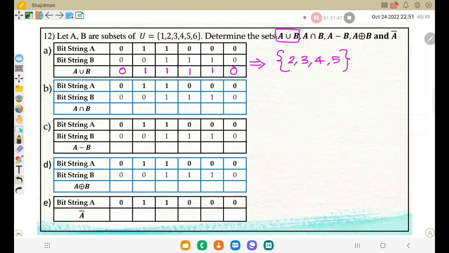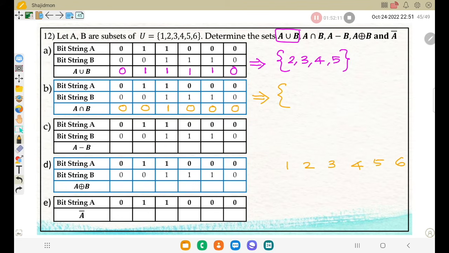So let's go to that one. 0 and 0 is 0. 1 and 0 is 0. 1 and 1 is 1. 0 and 1 is 0. 0 and 1 is 0. 0 and 0 is 0. So what will be the set here? Only one number is present out of the numbers 1, 2, 3, 4, 5, 6.